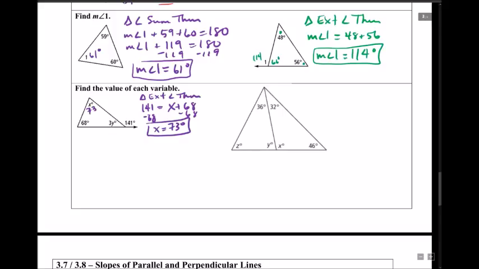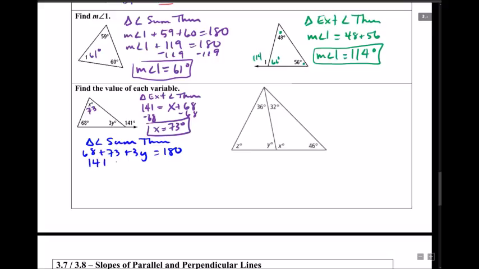And then I get to use my triangle angle sum theorem and say 68 plus 73 plus 3y equals 180. So 141.